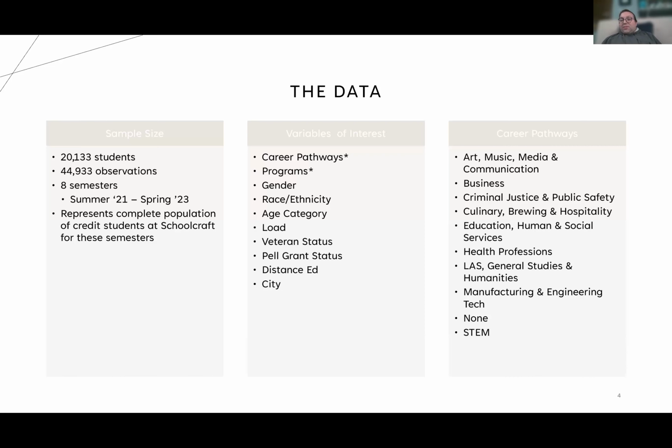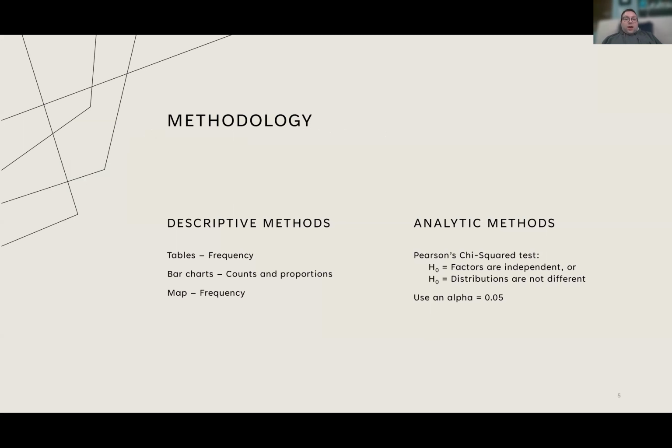On the right-hand side, you can see a list of the different career pathways that the college has organized their programs into. For description, I assembled tables, which are pretty much just in my code, and bar charts, because I thought they would be easier to give everyone a brief glance at the distribution of enrollment.